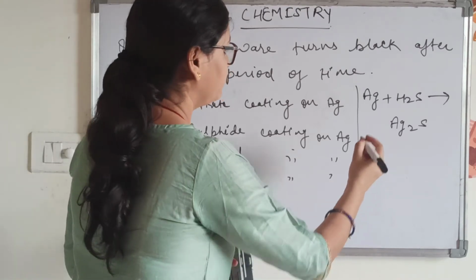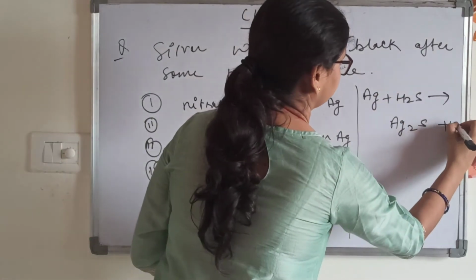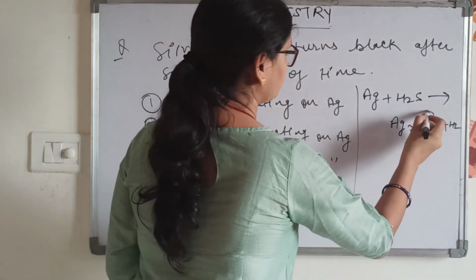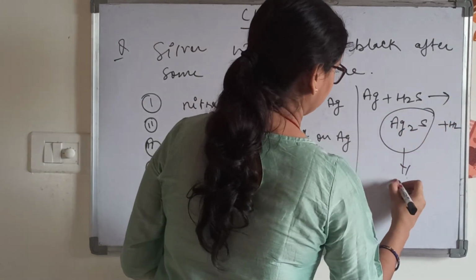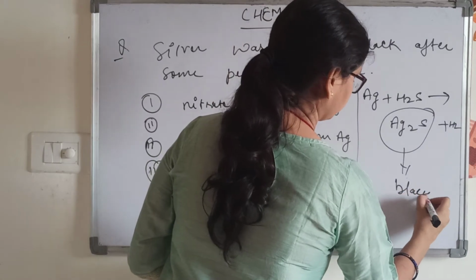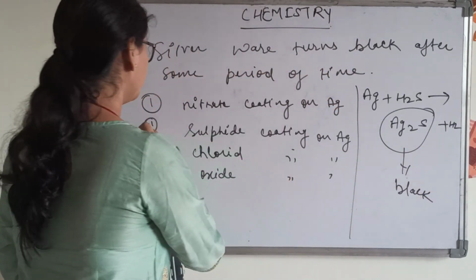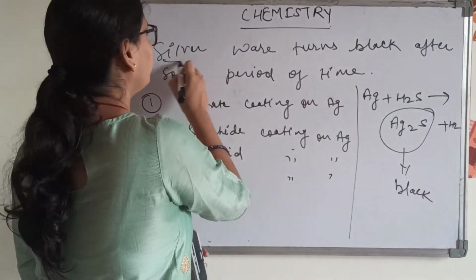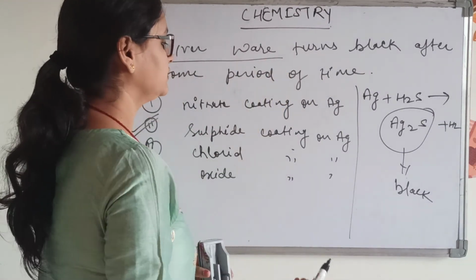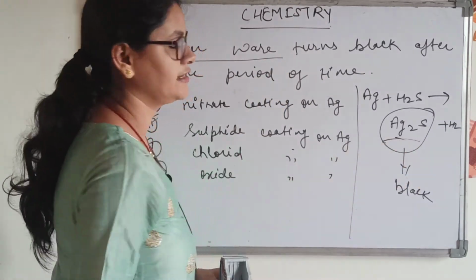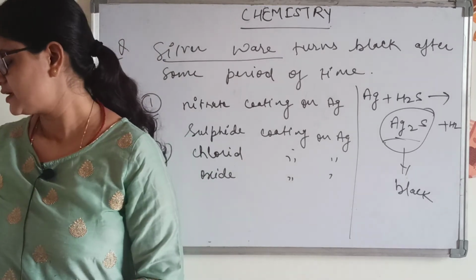We will get H2 at the end. Ag2S is black in color. Because of this formation, the silverware turns black after some time, due to the formation of silver sulfide.